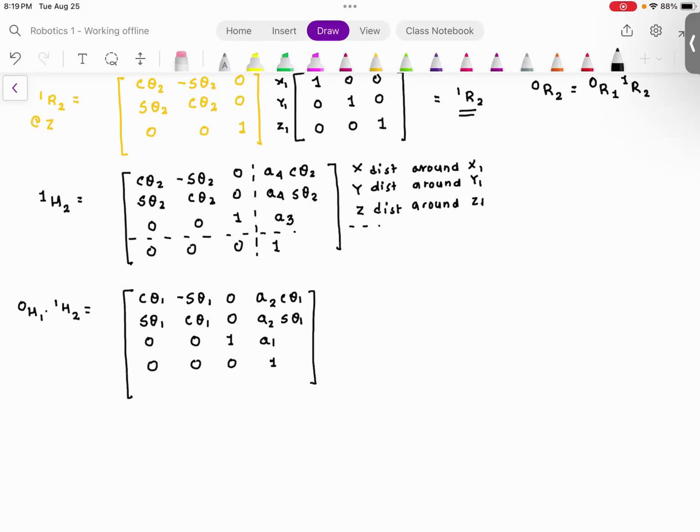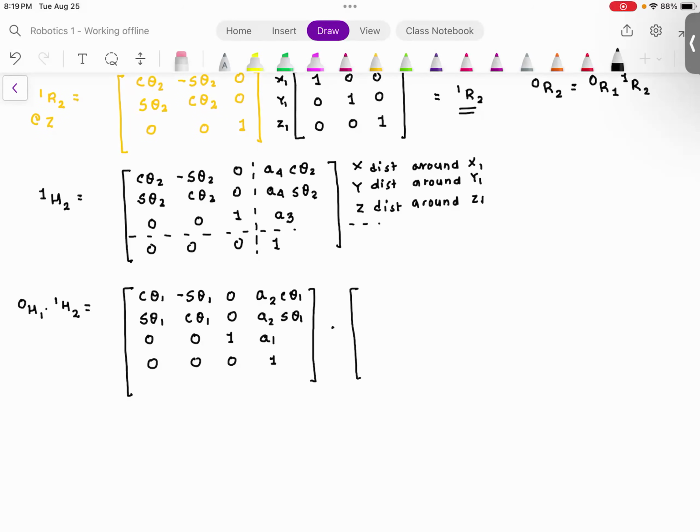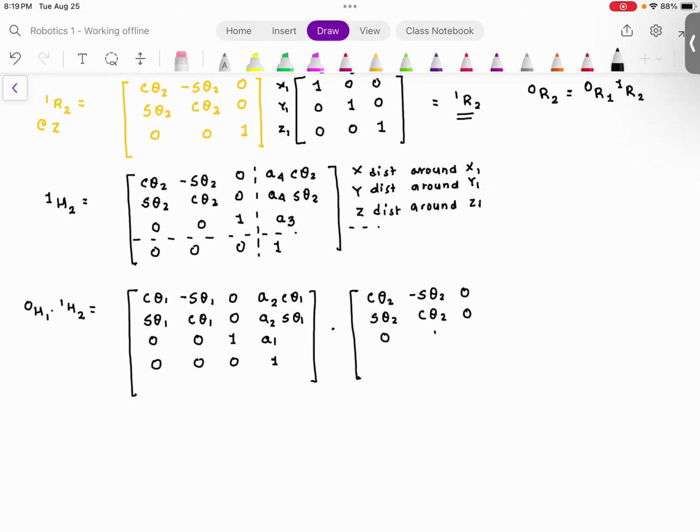Now this 4 by 4 matrix needs to be multiplied with the second 4 by 4 matrix, and please check, this is cosine theta 2, minus sine theta 2, sine theta 2, cosine theta 2, 0, 0, 0, 0, 1, 0, 0, 0, and this is going to be A4 cosine theta 2, A4 sine theta 2, A3 and 1. Do you agree with me?